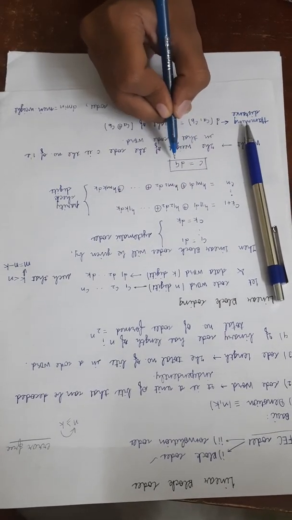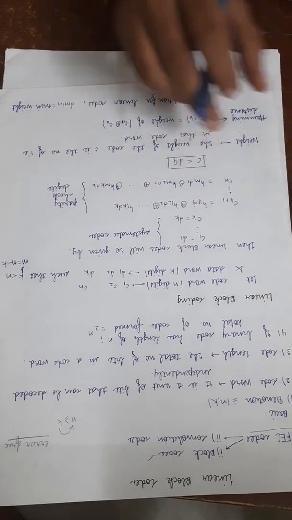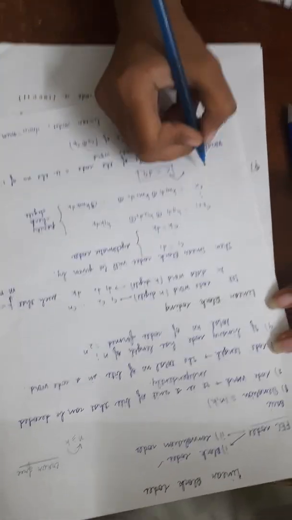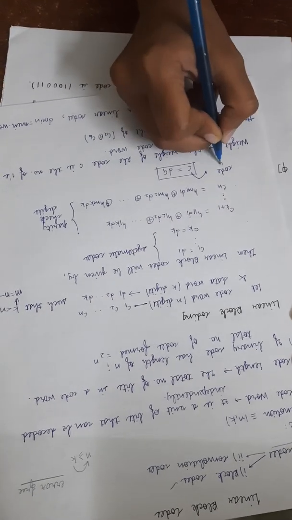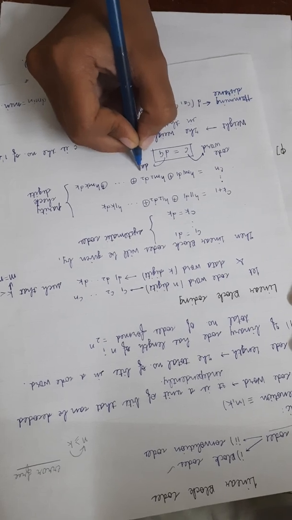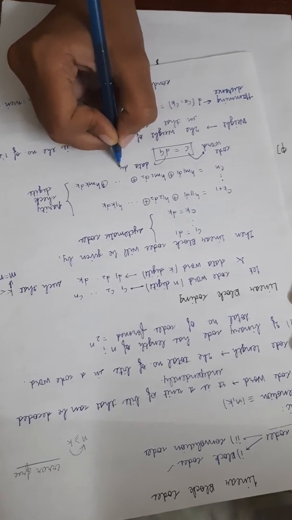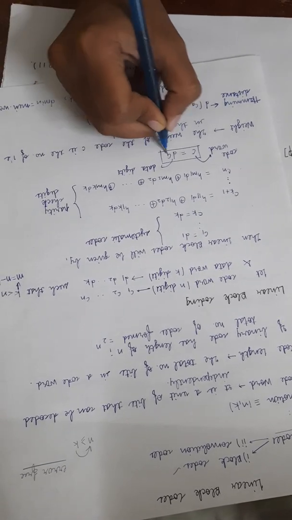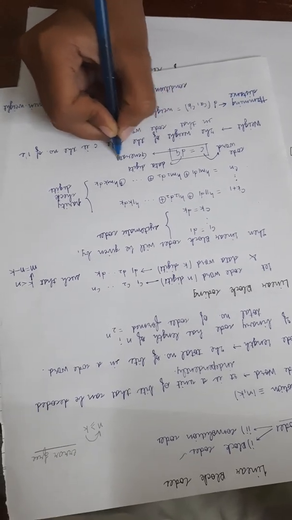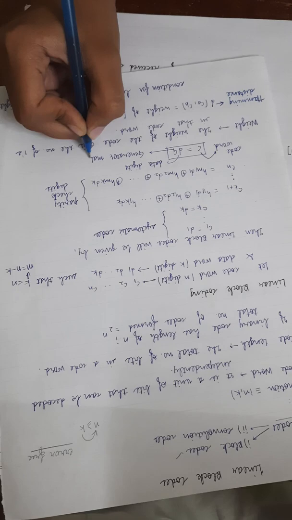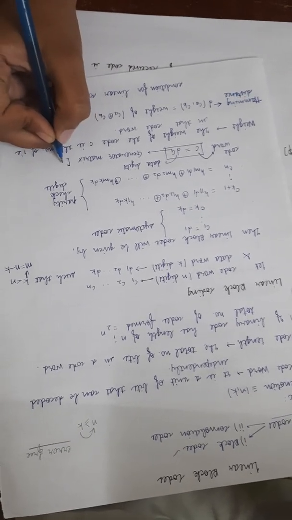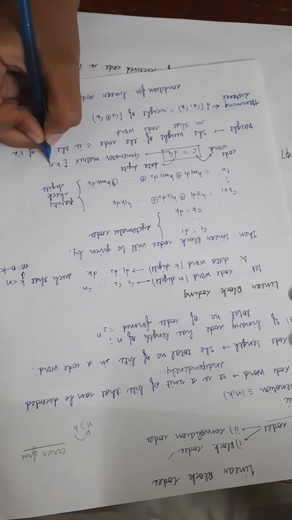Now let us see a formula, which is C is equal to DG, where C represents the code word, D represents the data word or data digits, and G is the generator matrix, which has dimensions of k cross n.